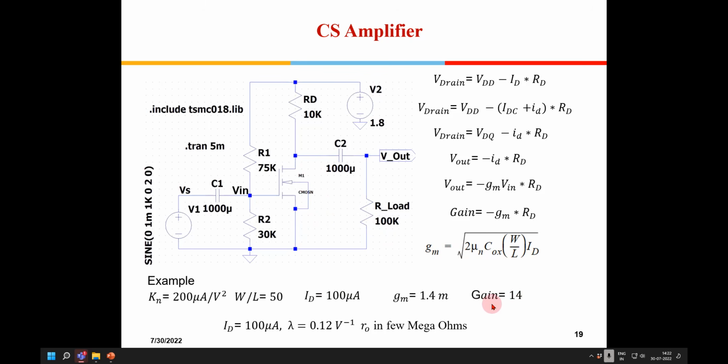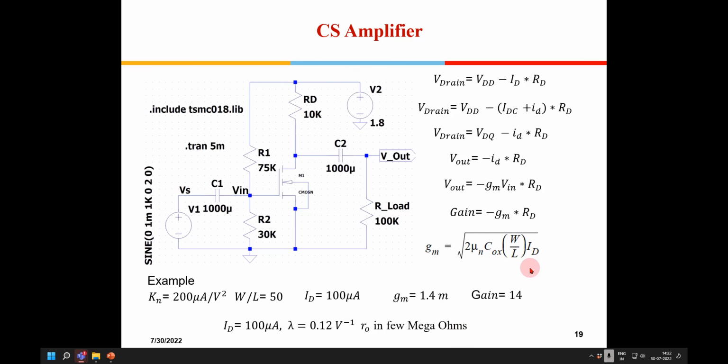So we get a gain of 14. Now if I want to increase the gain, what can I do? I can increase W by L, I can increase ID, I can increase RD also. How to increase the gain of an amplifier?